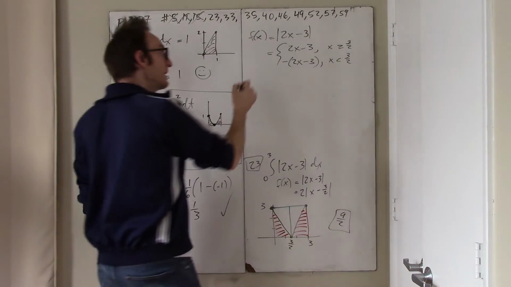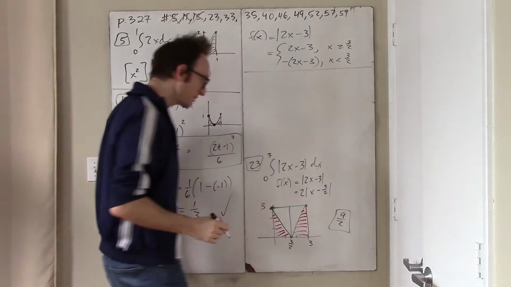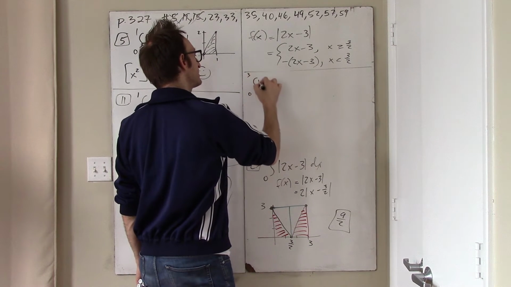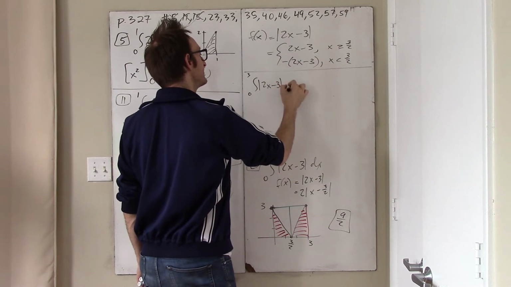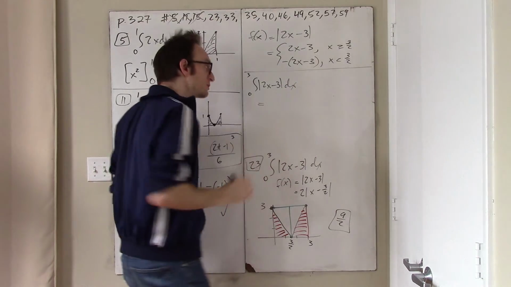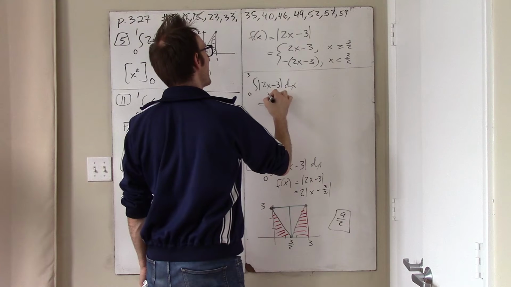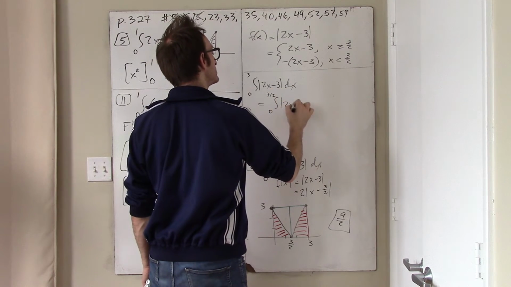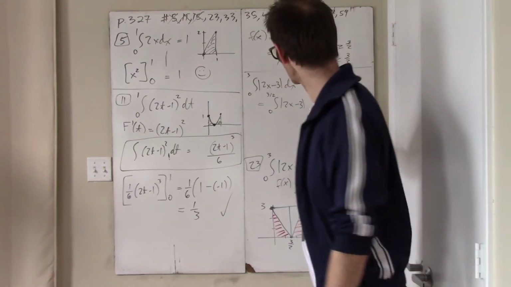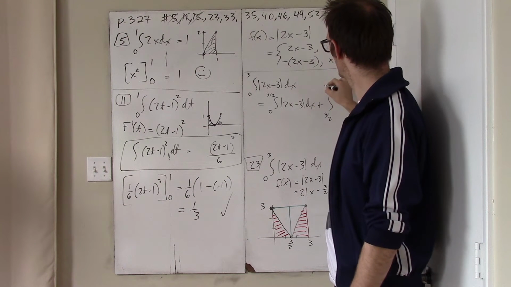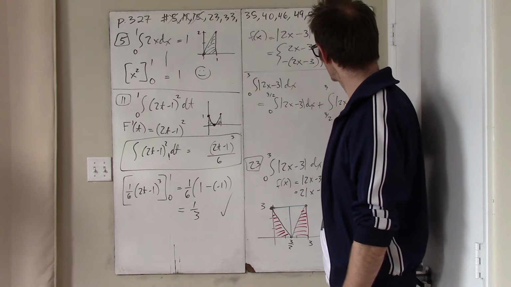So if you wanted to do this with algebra as opposed to common sense, you would take the integral from 0 to 3 of absolute value 2x minus 3, and you would immediately split it up into 2 separate integrals. You would take the integral from 0 to 3 halves of absolute value 2x minus 3, plus the integral from 3 halves to 3 of absolute value 2x minus 3.